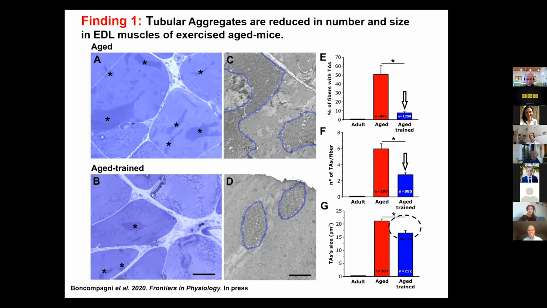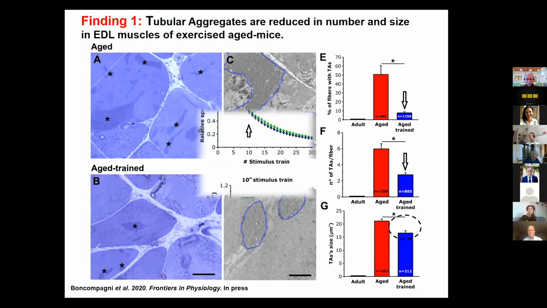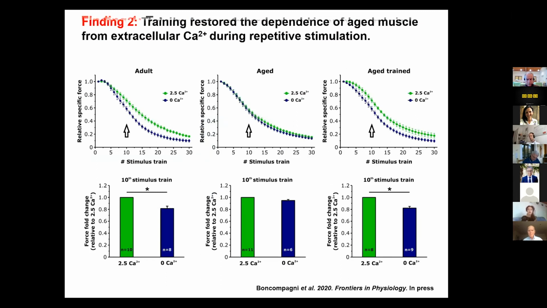Indeed, when we performed again the fatigue experiments, we immediately noted that the capability of aged muscle to use external calcium was recovered by the training. If you look at these three top panels up here, you can see that now EDL muscle from both adult and aged-trained mice do show a decay in contractile force when calcium entry is prevented.